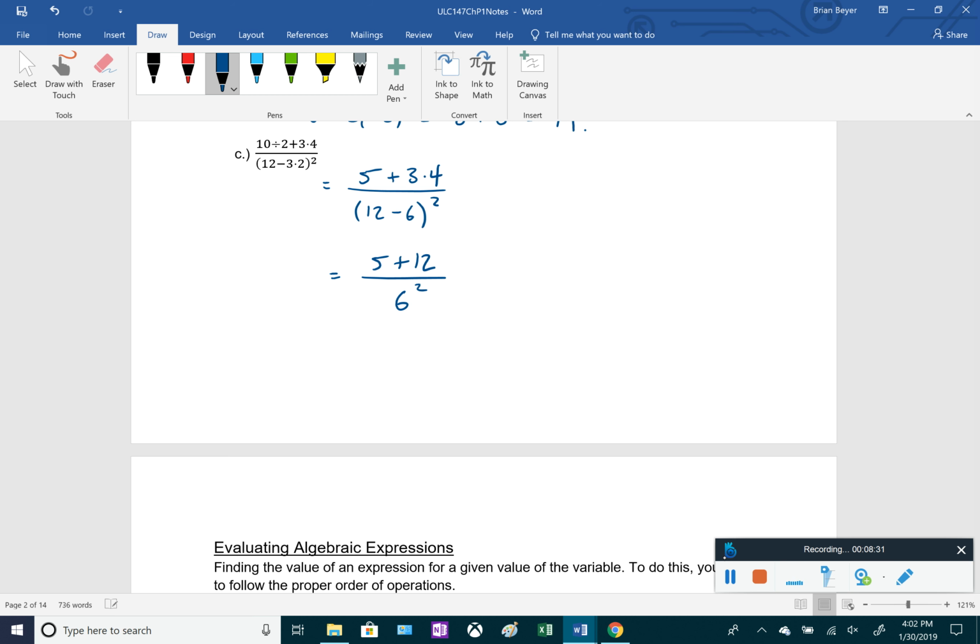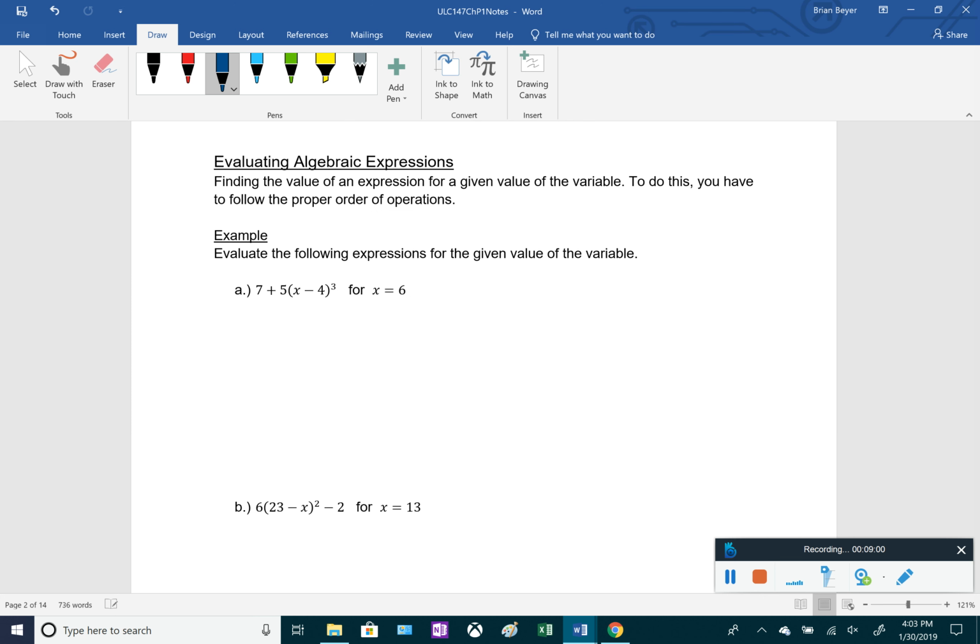So it's a good habit to leave parentheses around something if it's raised to an exponent, even when you're done. It won't matter with positive numbers, but it will with negative numbers, so it's good practice to leave it there. So 5 plus 12, 17. 6 squared is 6 times 6, so 36. So I'm just going to leave that as 17 over 36.